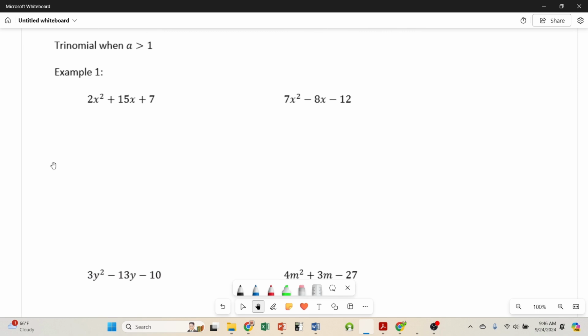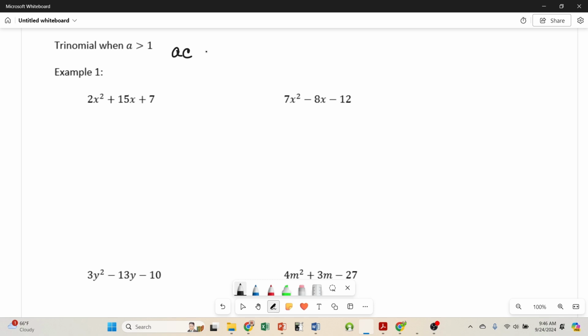Alright, so the rule of this: what we have to do here is a little extra work. If a is bigger than 1, we have to find AC, which is a times c.